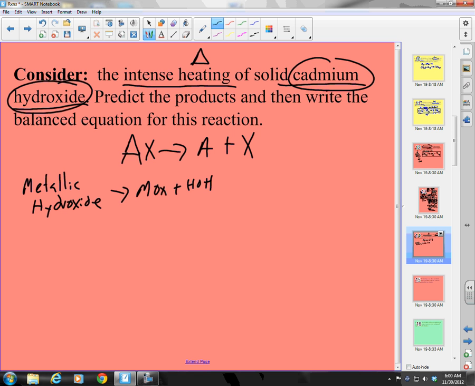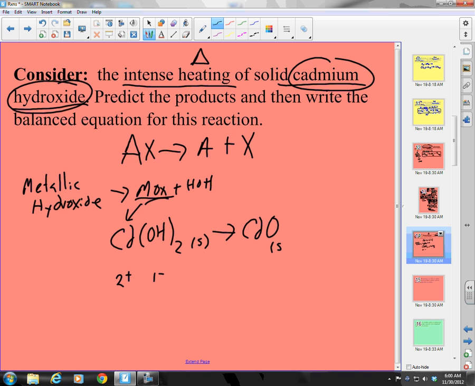All right, so cadmium is Cd. Cadmium we know is always +2. Hydroxide, OH, is a -1, so that means I need 2 of them. It's solid. And what am I going to form? I'm going to form a metal oxide. Well, what's my metal? Cadmium is my metal.